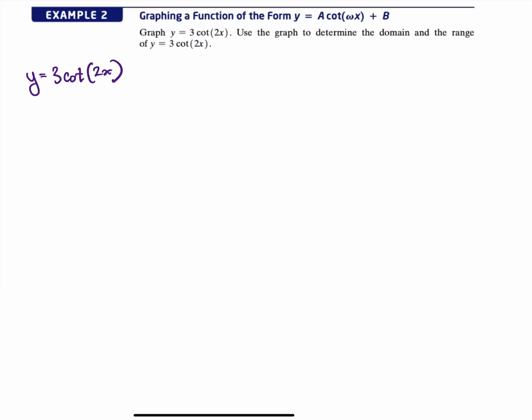So that is going to cause a vertical stretch by a factor of 3. And then this 2, in terms of graphing transformations, is a horizontal compression. So that will affect the period, and that will also affect where our asymptotes are.